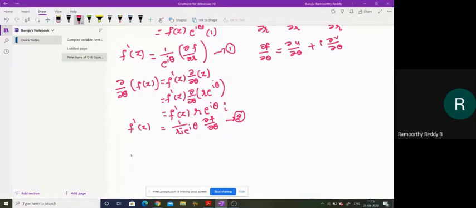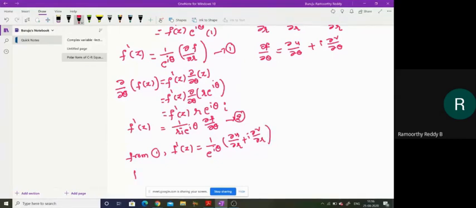Yes, sir. Right. Now from 1, see, f dash of z equals 1 by e^{iθ} ∂f/∂r. So ∂f/∂r you replace by ∂u/∂r plus i times ∂v/∂r. So this is your f dash.